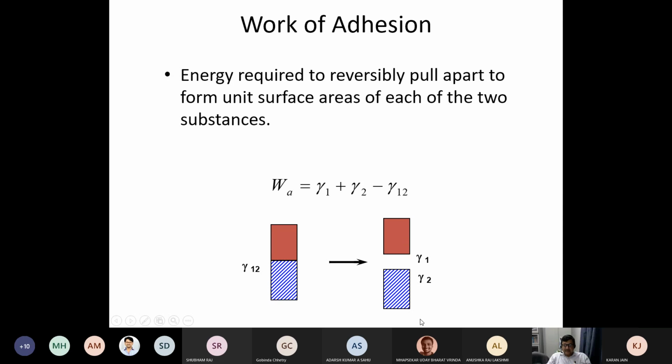That's why they are not considered. So when it was in a joined, adhered state, the energy was gamma 1,2. When you separated them, this has become gamma 1, this has become gamma 2. So finally you have gamma 1 plus gamma 2, and initially you had gamma 1,2. If you take the difference, that is your work of adhesion.